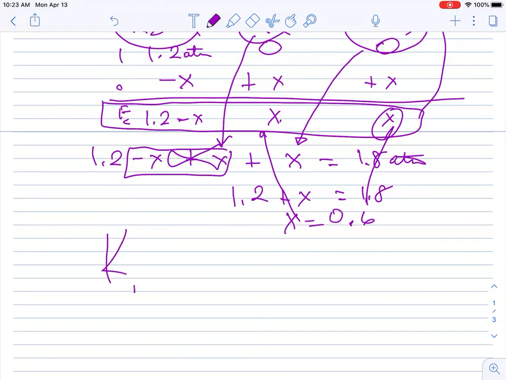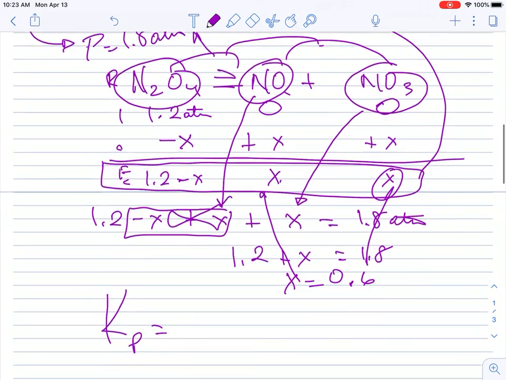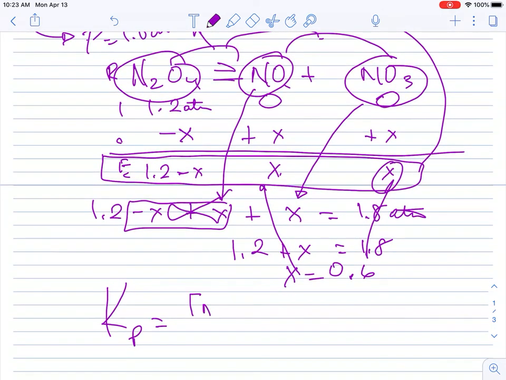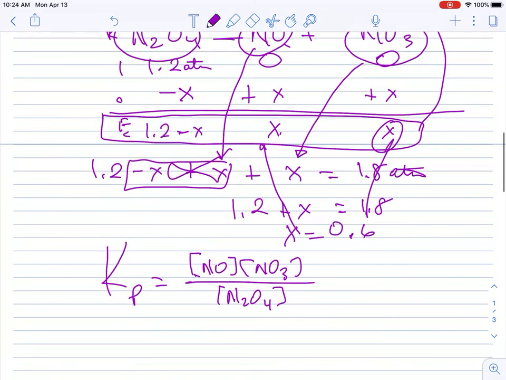Now, if I want to calculate Kp, remember that's going to be products over reactants because it's a gas and we're dealing with pressures. So that's going to be the pressure of NO2 times NO2 divided by the pressure of N2O4.